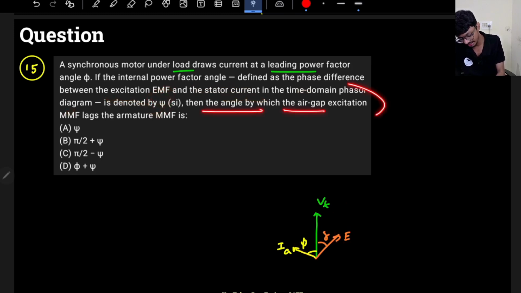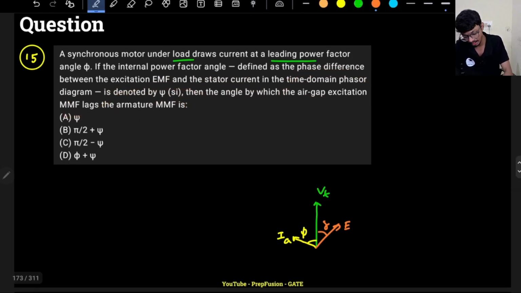Then the angle by which the air gap excitation MMF lags the armature MMF. So what will be the direction of armature MMF? Along the direction of the armature current. So this will be the direction of the armature MMF, right?